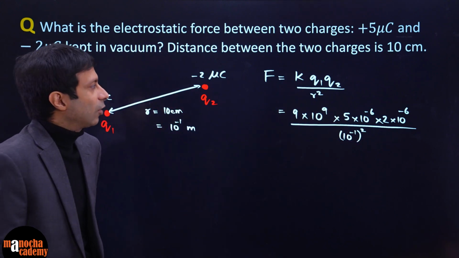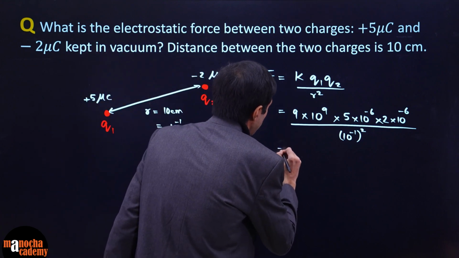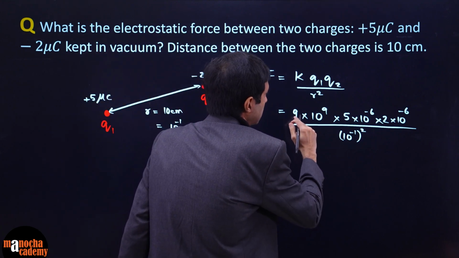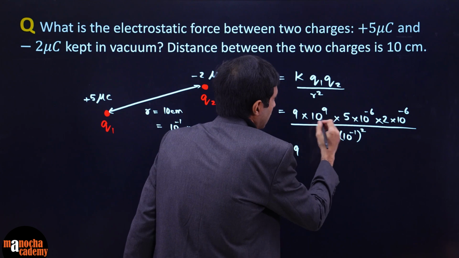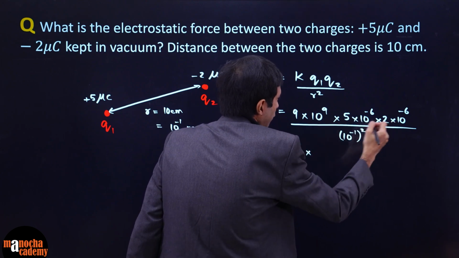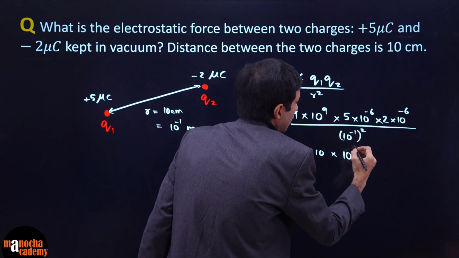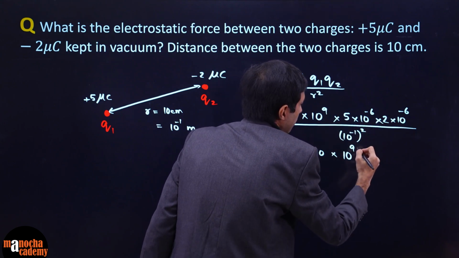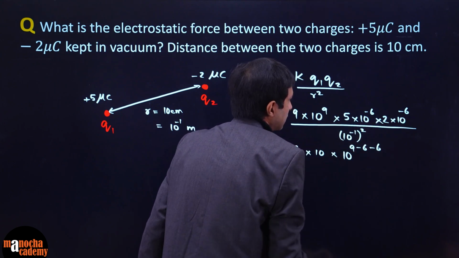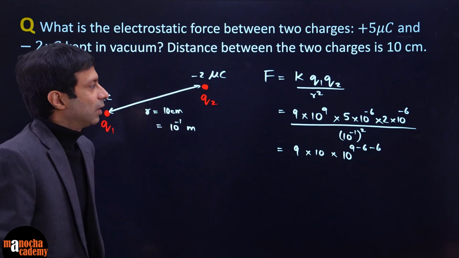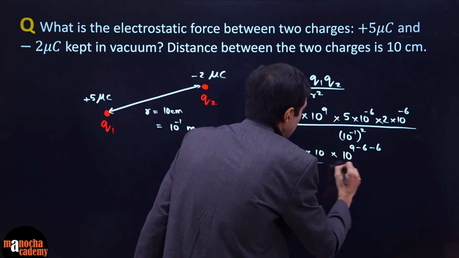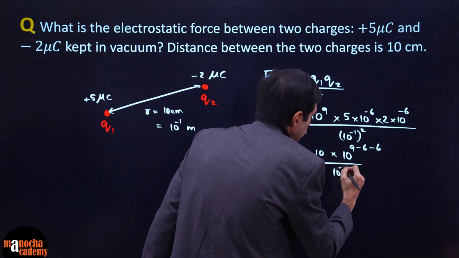So now go ahead and calculate the value, simple. So take all the numbers together and all the 10 powers separately. So we have 9 times 5, 2s are 10, so there's a 10 there, times 10 to the power 9, and there's minus 6. So those are the two minus 6 over there, and then a 10 to the power minus 2.